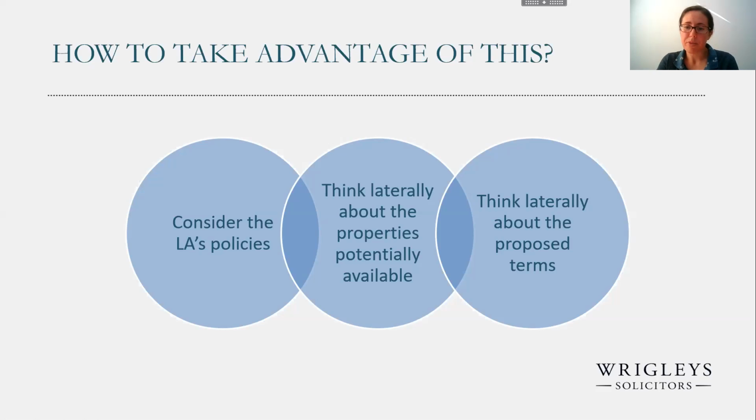Or it could be a long lease, but on slightly different terms or conditions to the kind of lease that might typically be envisaged. So there are plenty of options there. Be prepared to think around the possibilities.